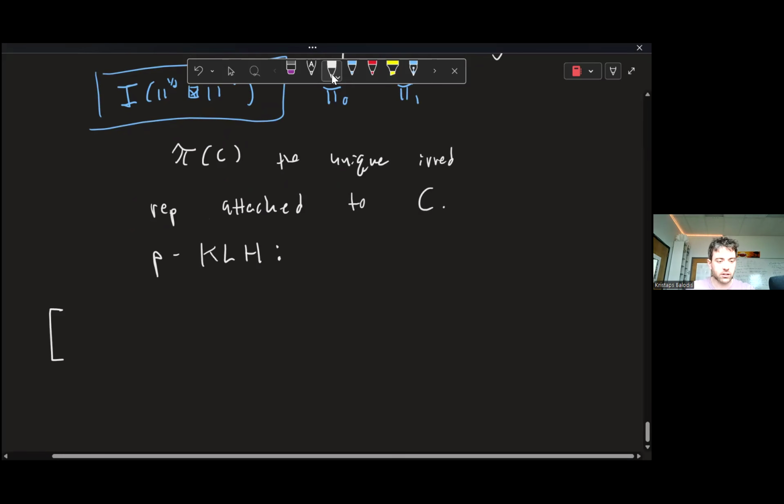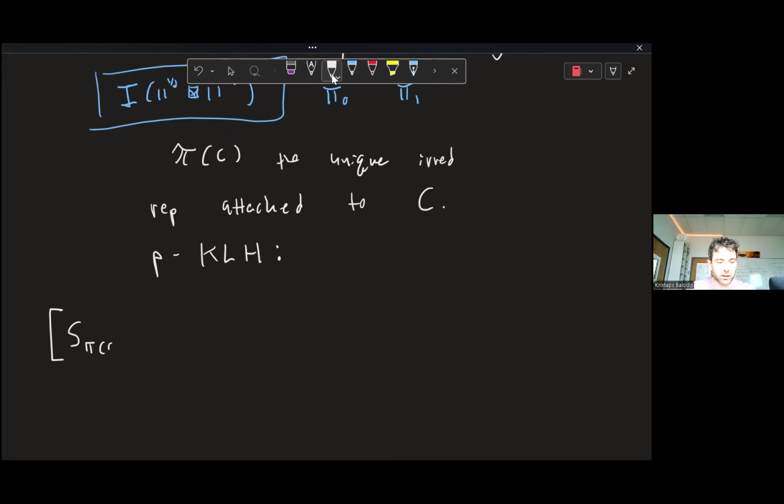It says that, suppose I have the standard representation attached to the orbit C, and I want to know how many times the irreducible representation attached to the orbit D appears in there.